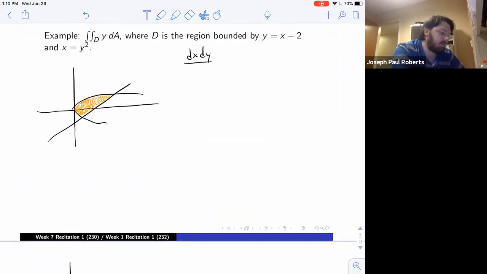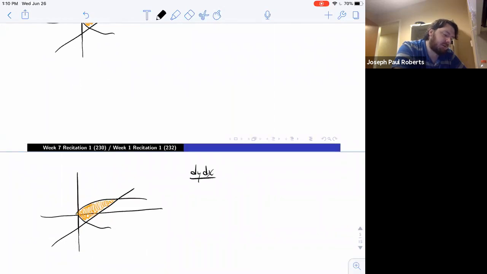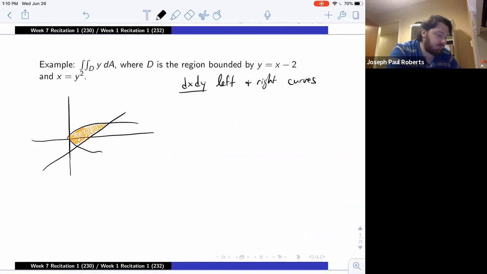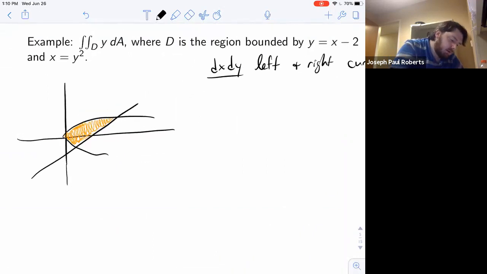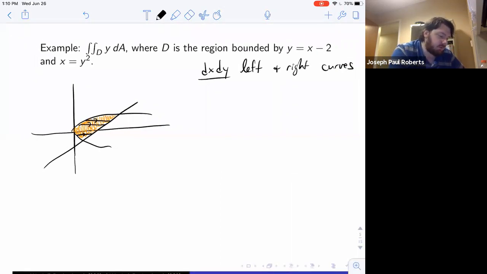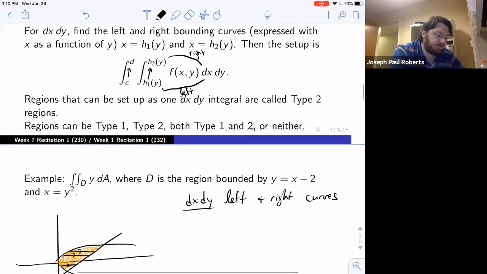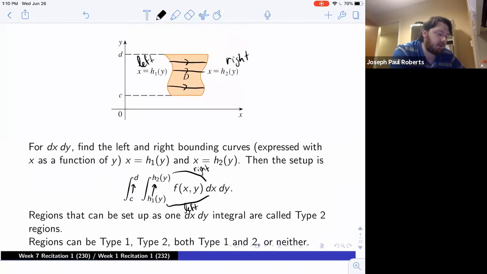So dx dy, it's all about left and right curves. Whereas for dy dx, when we get to that in a second, it's all about bottom and top curves. Okay, so left and right curves. It looks like the left curve for this region is the parabola, and the right curve is the line. And so these left and right curves, we have to write them x as a function of y, right? This is what we did on the previous slide.